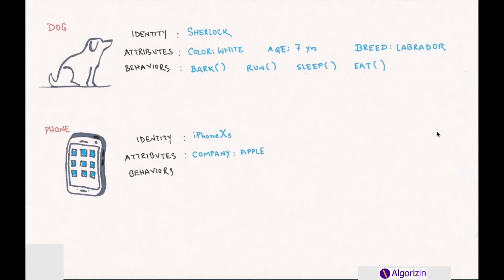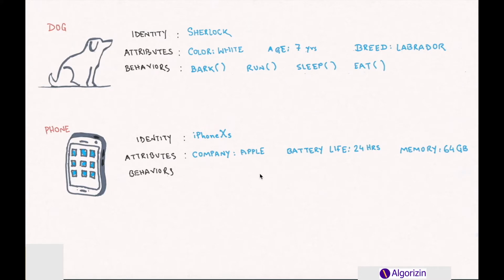So it could have an attribute named company, and the value of the company attribute for iPhone XS would be Apple. Let's say another attribute can be battery life, and the value of that attribute, let's say, is 24 hours. Another attribute can be its memory. So let's say the value of the memory attribute for iPhone XS is 64 gigabytes.